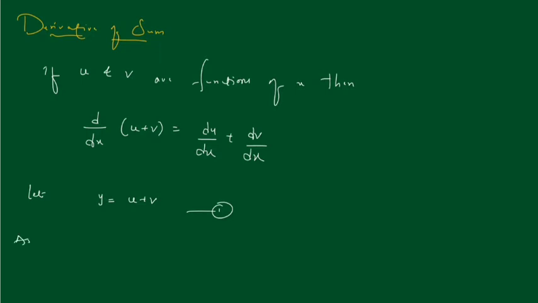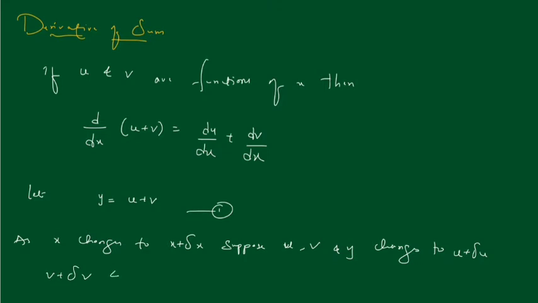So as x changes to x plus delta x, suppose u, v and y change to u plus delta u, v plus delta v and y plus delta y respectively.